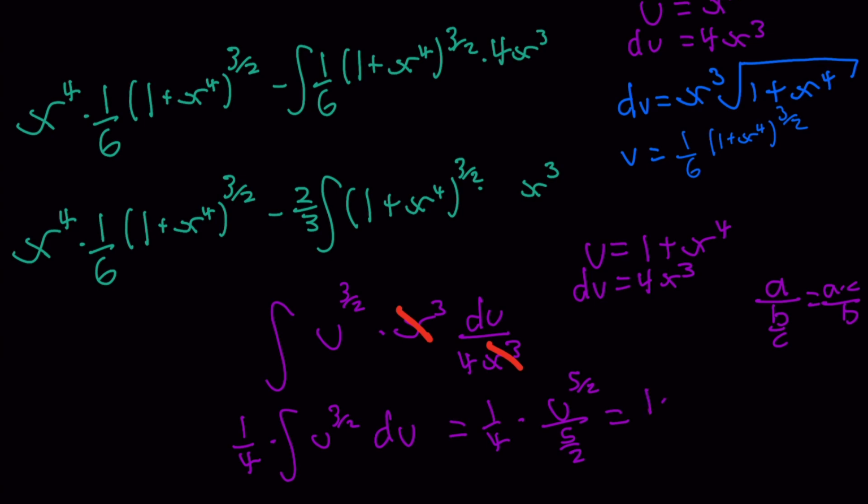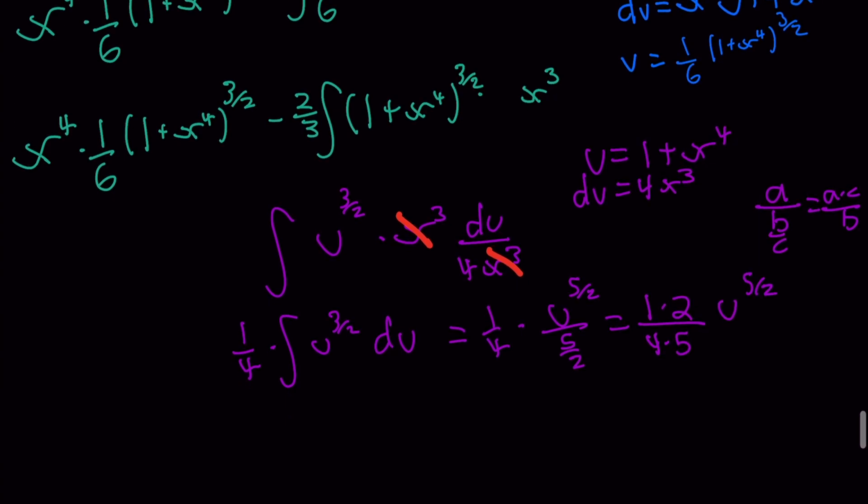Equals 1 times 2 over 4 times 5, u to the 5/2. A little more room, so now we just have 2/20 of u, and u was 1 plus x to the 4th. Now all that is raised to the 5/2, and we're going to simplify this to 1/10.